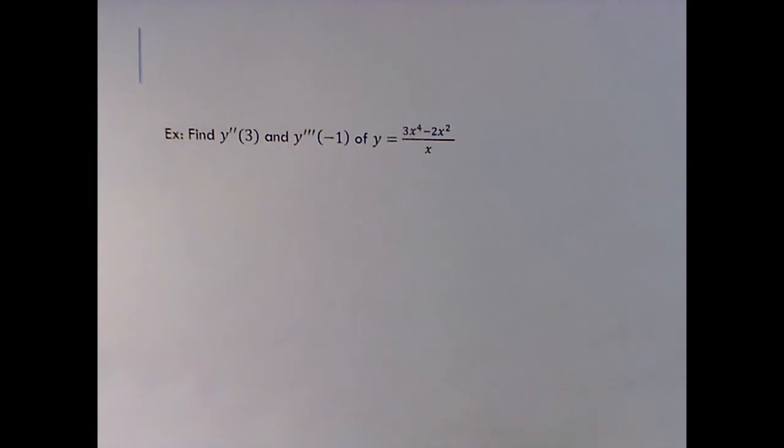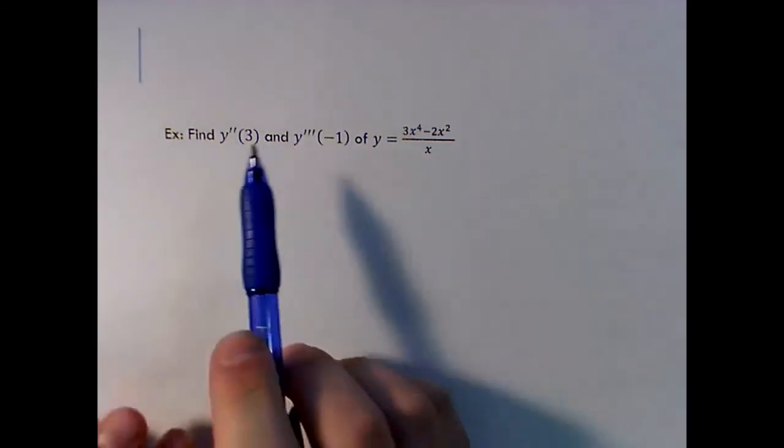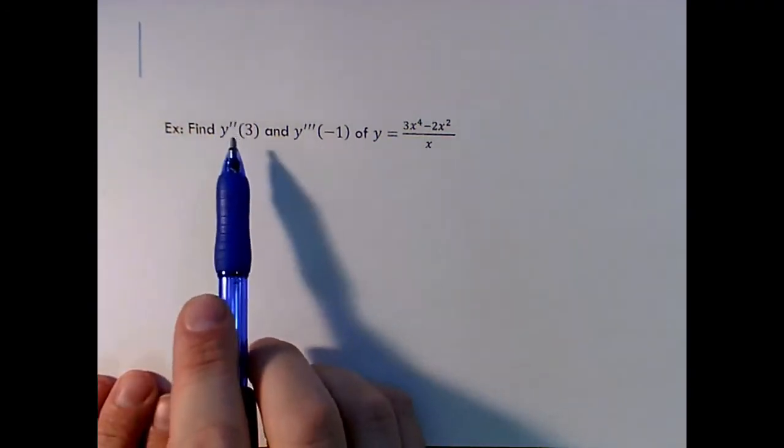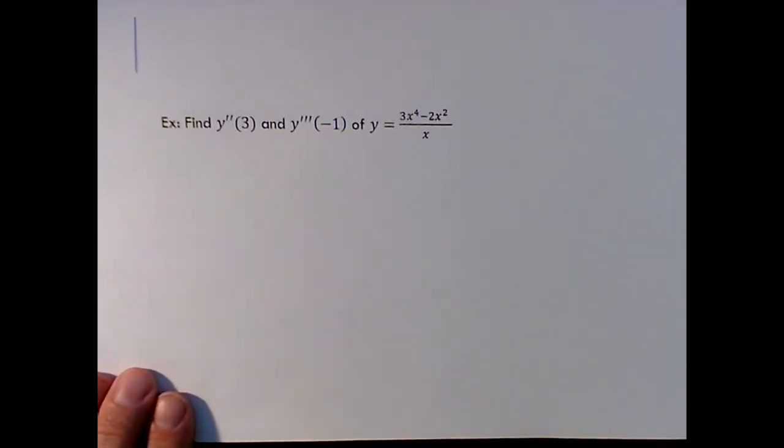2 apostrophes. The heck? I'll tell you the heck. 2 apostrophes just means take the derivative twice. And when I throw an of 3 in there, that means when you're done taking the derivative, plug in 3.